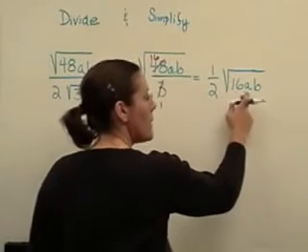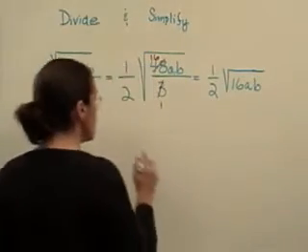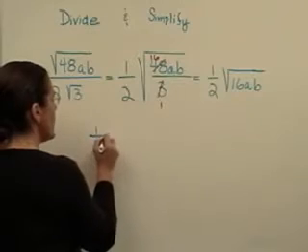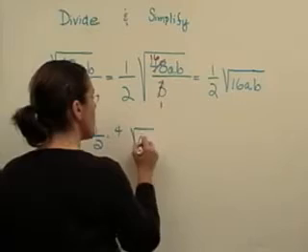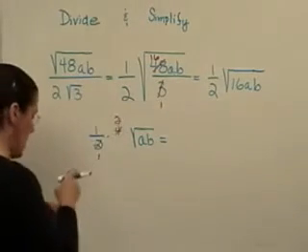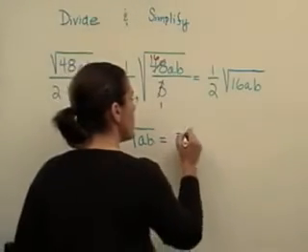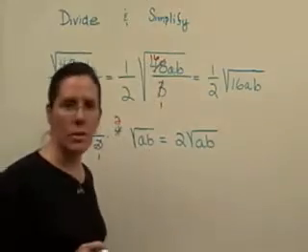Well, that's 4. These can't be reduced because they don't have an exponent that's evenly divisible by 2. So I have 1/2 times 4, the square root of 16, times the square root of ab. And this, of course, can be reduced, and so I'm left with a factor of 2 in front times that square root of ab, and I've reduced this expression.